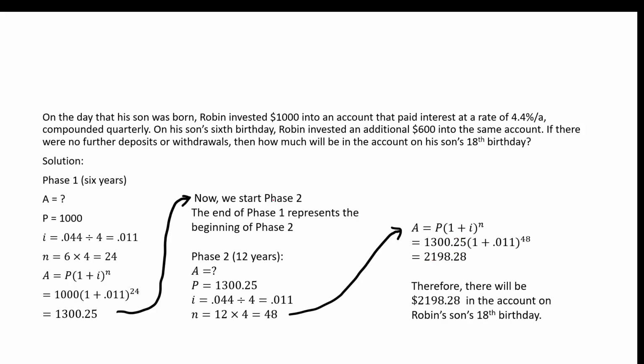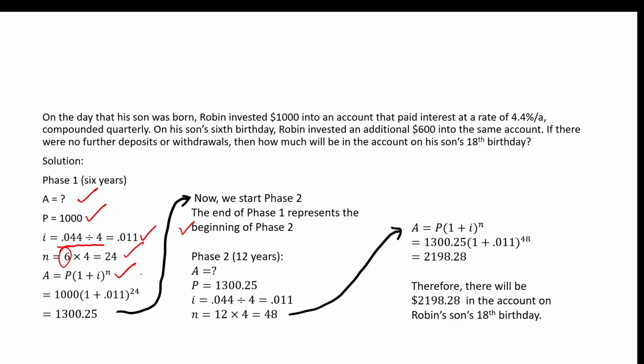All right, so in phase 1, we don't know the final amount. Remember, the final amount will refer to the amount in the son's bank account on his 6th birthday. But we know the principal was 1,000. We know our interest rate was 0.044. We're going to divide that by 4 because it's quarterly, and we're going to multiply the number of years, which is 6, times 4 to get 24.